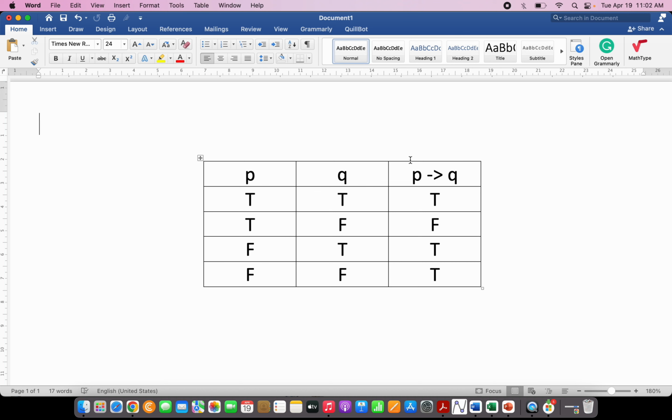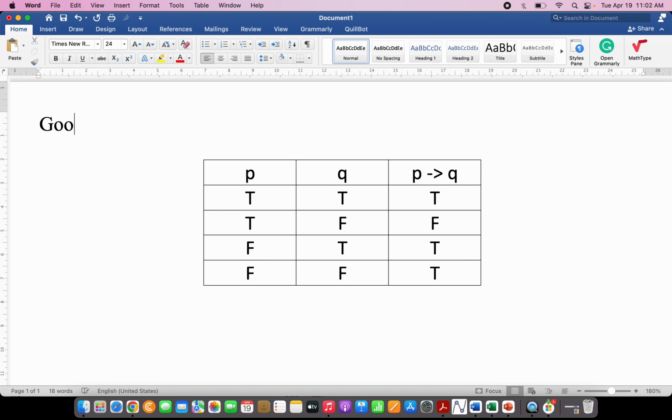So, given for example, the statement, good citizens obey rules and regulations.